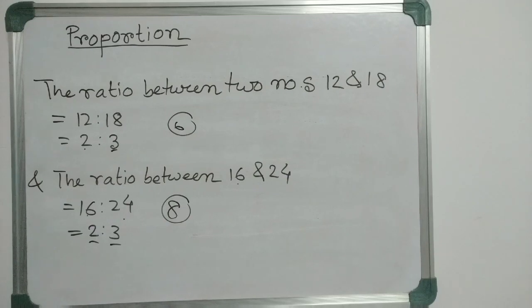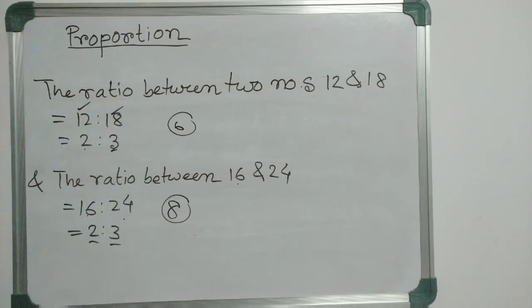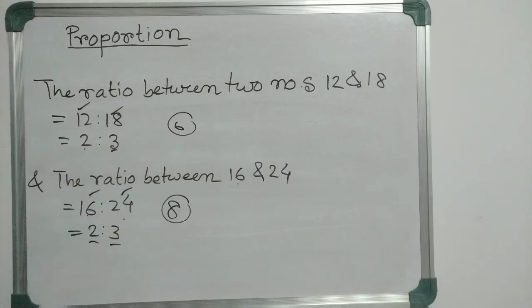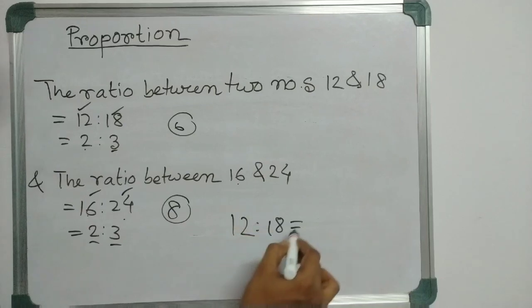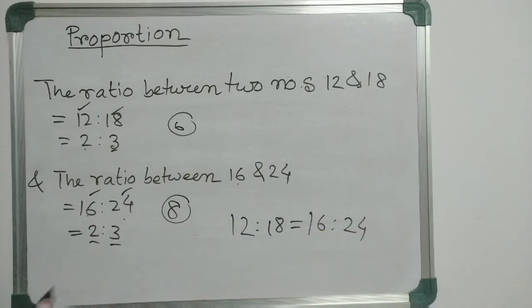Since the ratio between the first and the second, that is 12 and 18, is the same as the ratio between the third and the fourth, that means 16 and 24, we can easily say that 12 is to 18 equals 16 is to 24. These four terms are said to be in proportion.